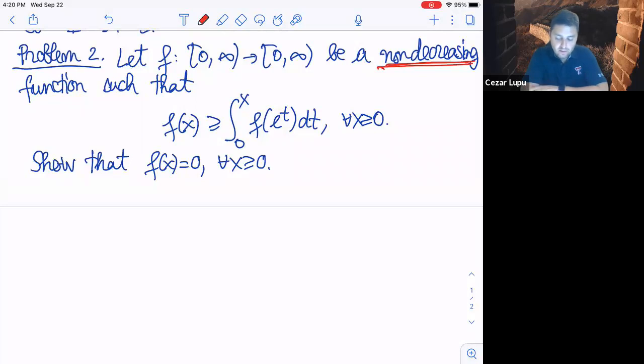It's also non-decreasing. This rings a bell to this basic fact that any continuous function on a closed and bounded interval that is non-negative and whose integral is zero is itself zero. So maybe I should modify that a bit.